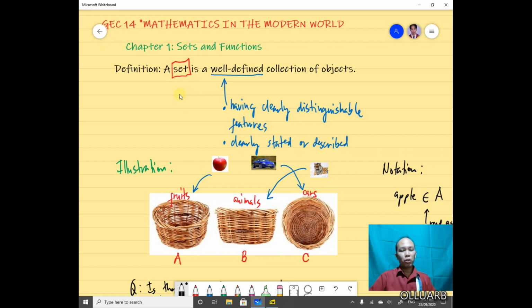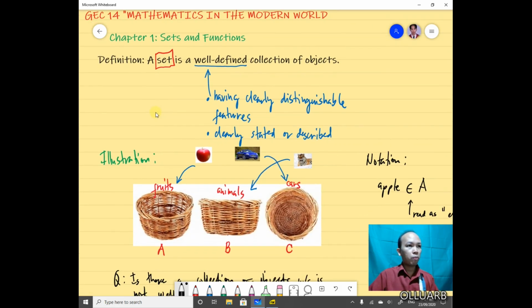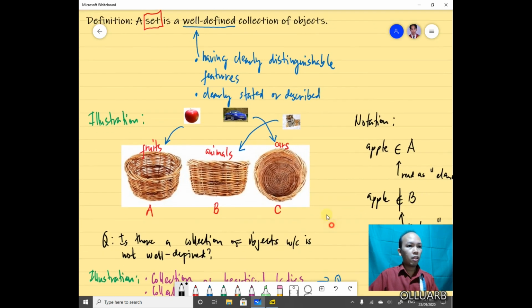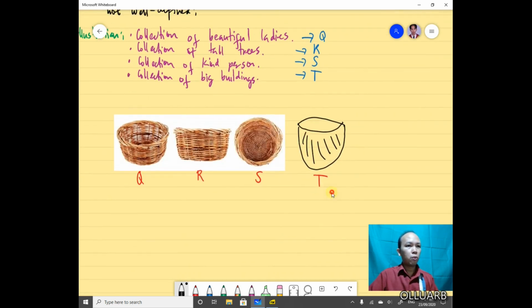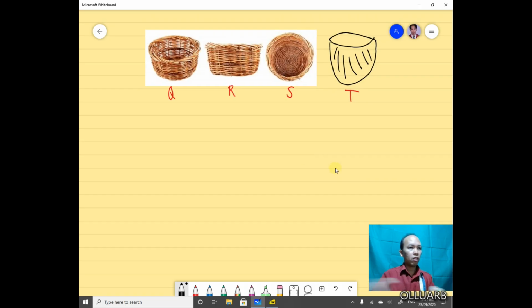For our second definition, we will be discussing the 2 ways.